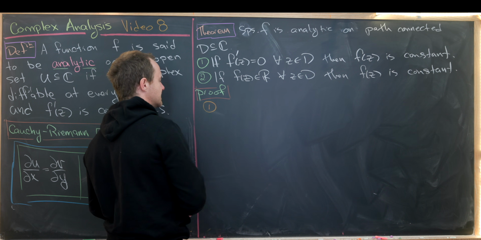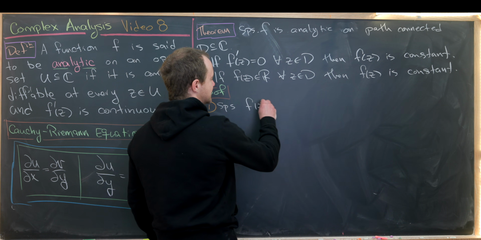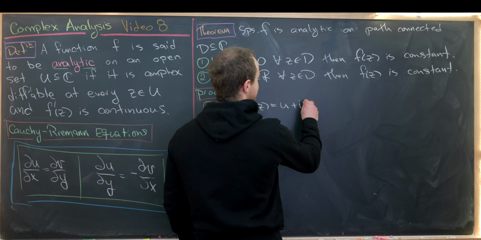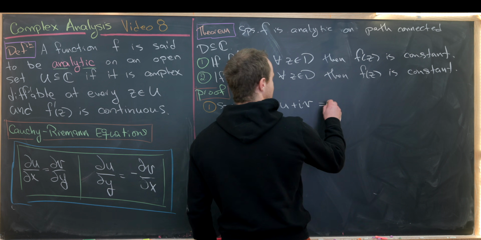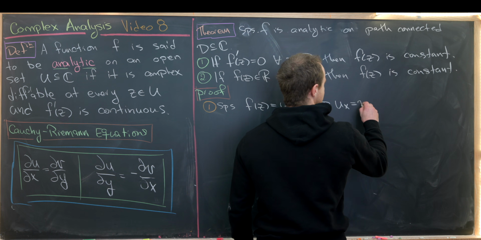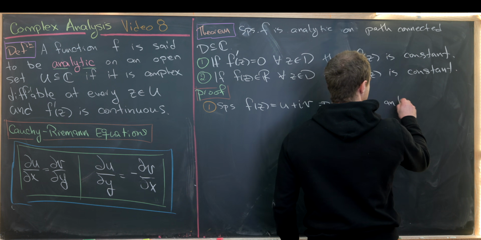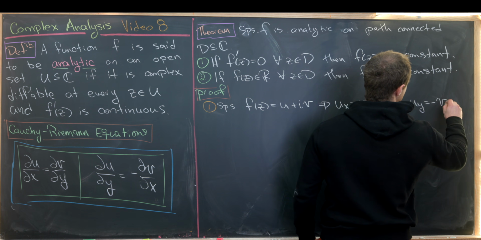Okay, so let's see how we can do that. Let's suppose that f of z equals u plus iv. Since it's analytic, it satisfies the Cauchy-Riemann equations. So that means we have ux equals vy and uy equals minus vx.